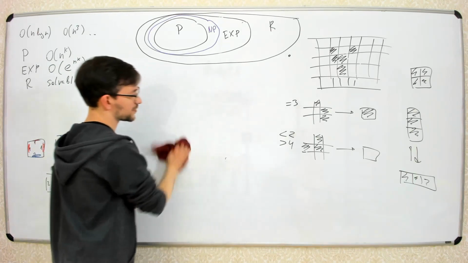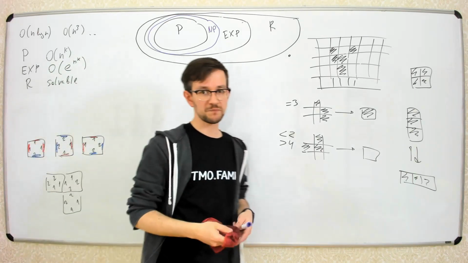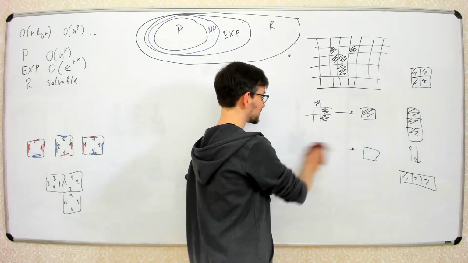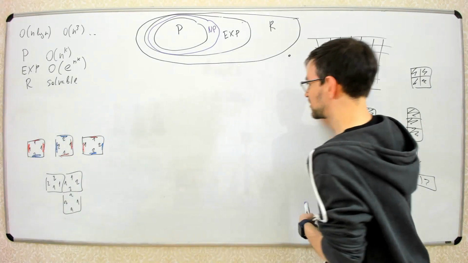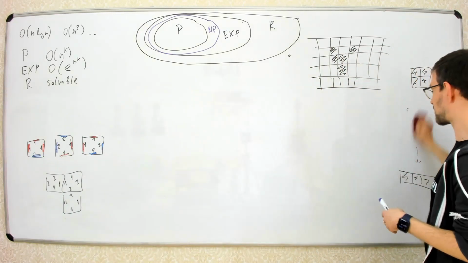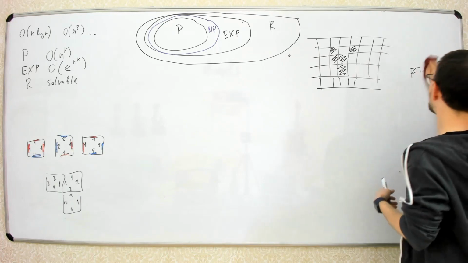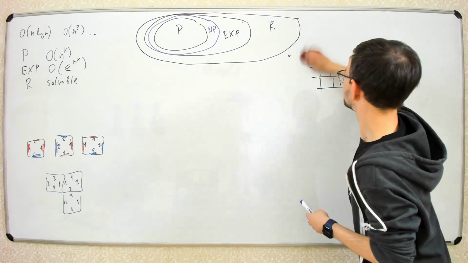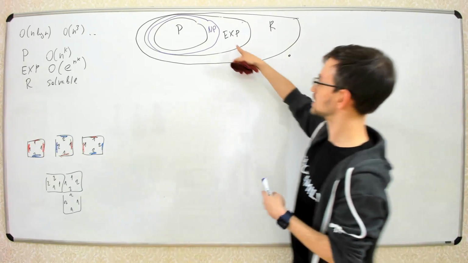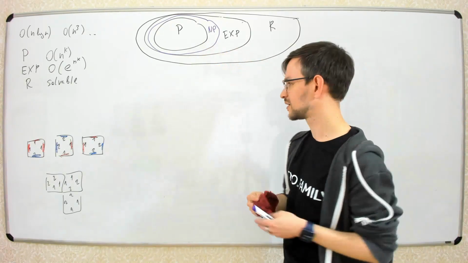Usually when people think about the NP class, they say that NP is non-polynomial. It's actually not. It's a common misunderstanding. So if you hear somebody talking about NP problems as non-solvable problems, it's not. And the NP class is actually the closest possible class to P, something like that.